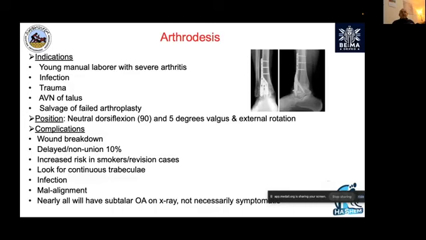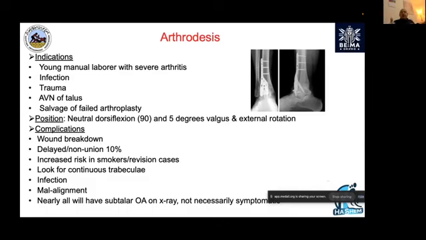And you need to keep the ankle in external rotation, because with external rotation, it's easy for you to clear the ground. If the ankle is just straightforward or internally rotated, clearing the ground during the gait is difficult. So you need to keep the ankle in 5 degrees external rotation, so it will be easy for the patient to clear the foot from the ground without a lot of movement of the hip or knee.